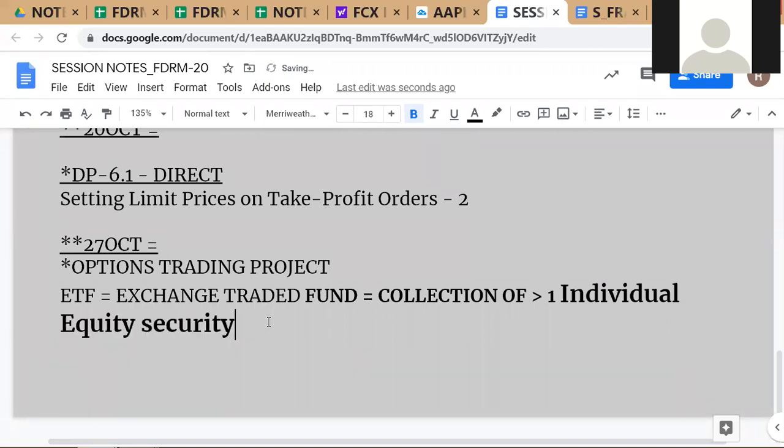Collection obviously means more than one. So individual equity is stock of Microsoft, stock of Apple, stock of Micron Technology. These are individual equity securities.